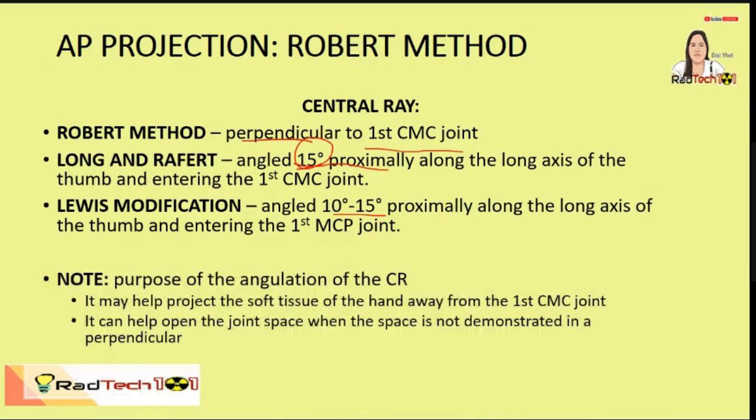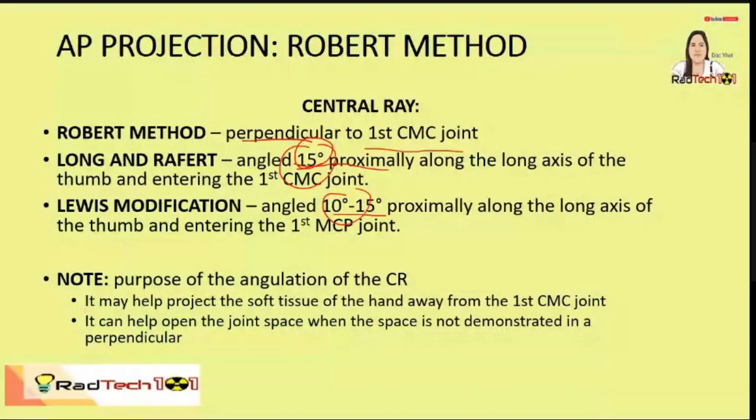So the purpose of the angulation, bakit na-angulate? It may help project the soft tissue of the hand away from the first CMC joint para walang superimposition. Also to open the joint spaces na hindi gaanong makita kung naka-perpendicular ang central ray. So to open the joint spaces and to avoid superimposition. So yan yung mga purpose ng pag-angulate.